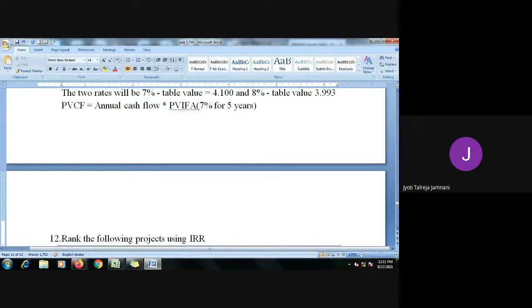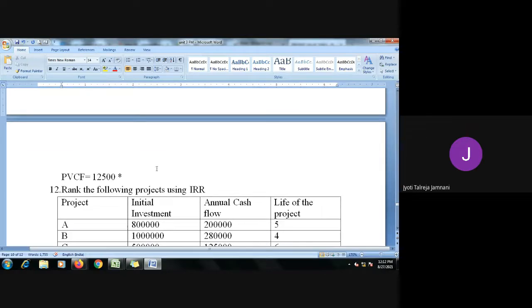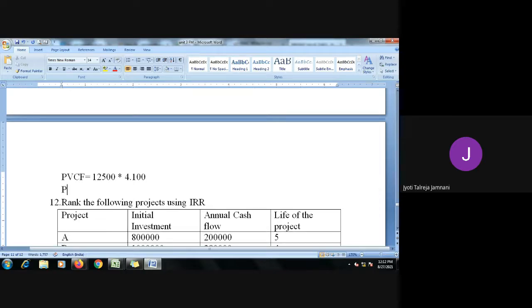So present value cash flow is equal to the annual cash flow they have given, 12,500, into the rate 7% for 5 years. I have already taken the 7% table value for 5 years, 4.100. So 12,500 into 4.100, you get 51,250.